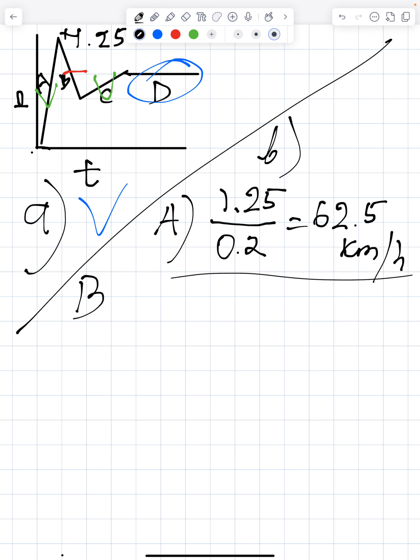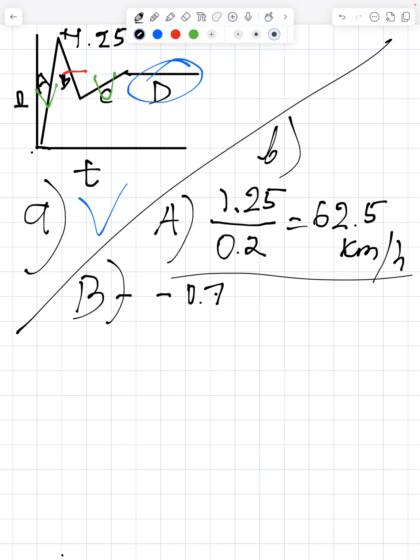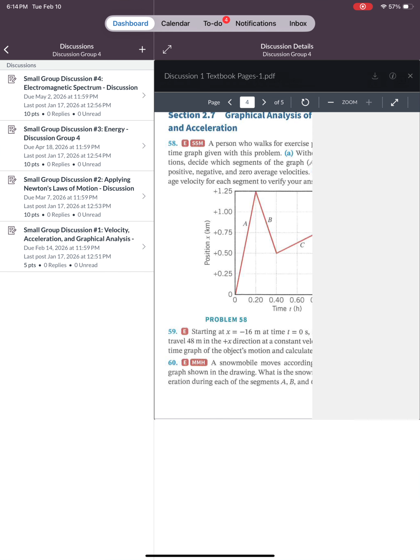So B is going to be negative 0.75, and the time is going to be 0.2, if I'm not mistaken.